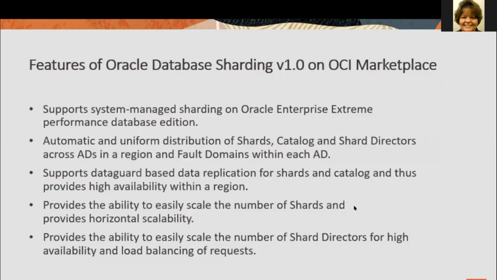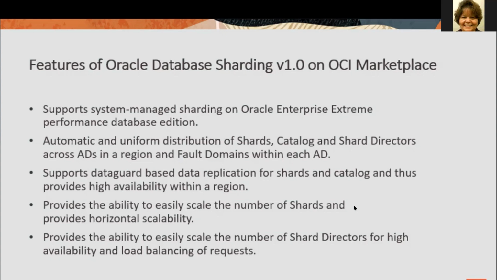Okay, moving on. With that basic understanding of what an Oracle Shard database topology looks like on OCI, let's take a look at the salient features of Oracle Shard database on OCI Marketplace. First, it supports system managed sharding on Oracle Extreme Performance Database Edition. Second, it also does automatic and uniform distribution of shards, catalog, and shard directors across ADs in a region and fault domains within each AD.